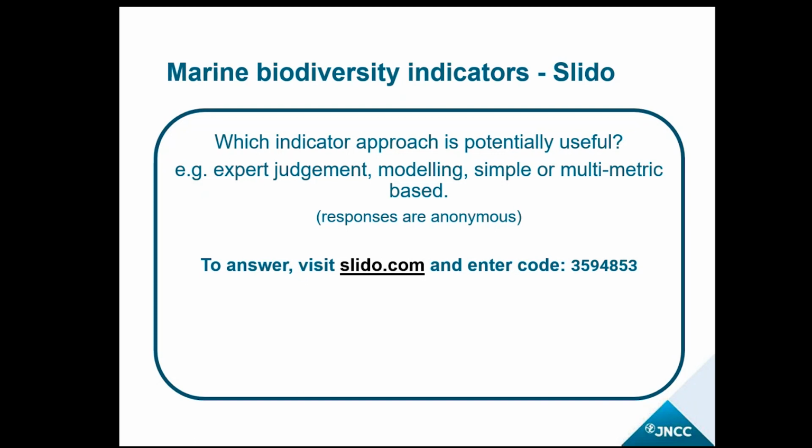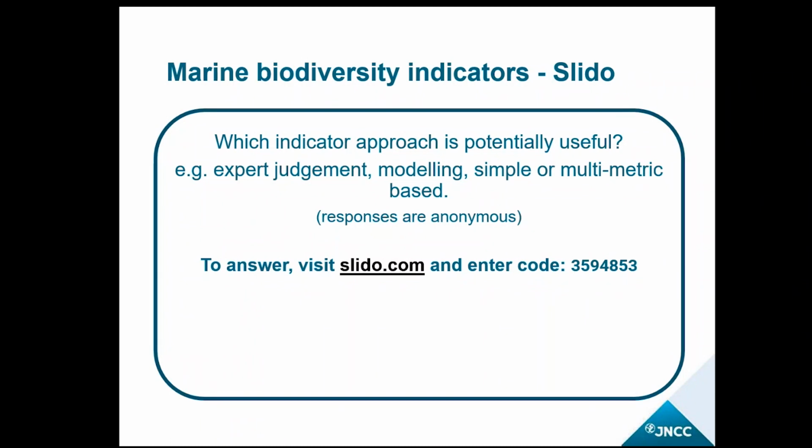We've got the expert judgment approach, which is often used if there's a lack of data, but there's probably a bit less confidence in the results. The modeled approach combines monitoring data, but also predictions from that. So that's another option that includes data, but is maybe more heavy on the analysis side.